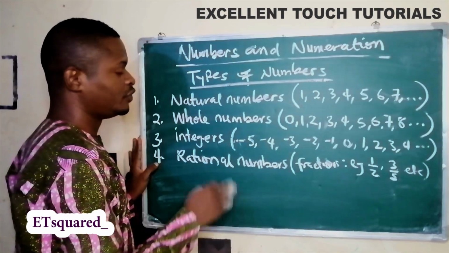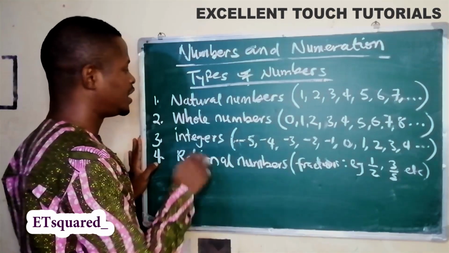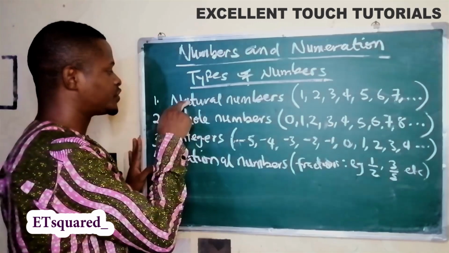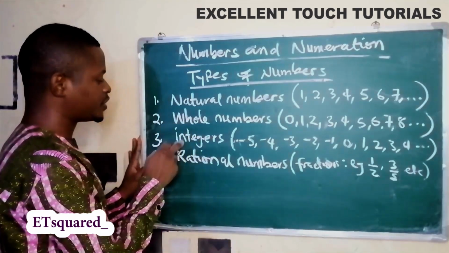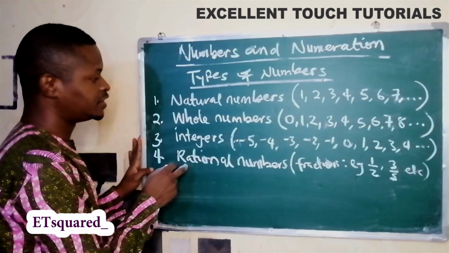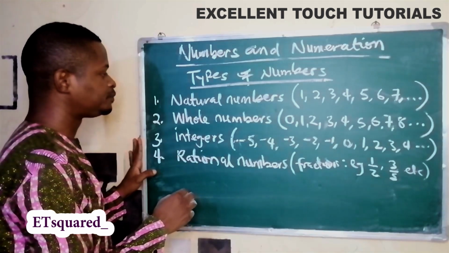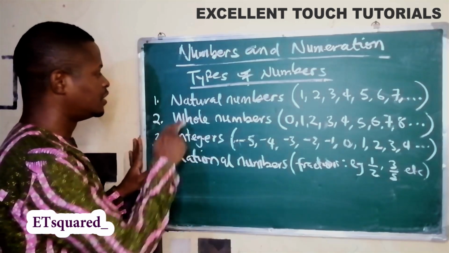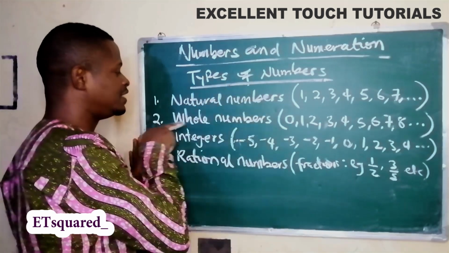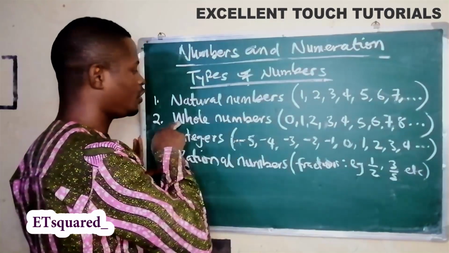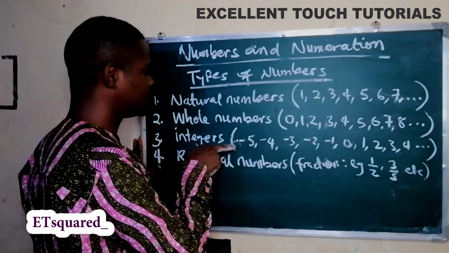If you look at it very well, you realize that this is a subset of this, this is a subset of this, and this is a subset of this. Please take note of that. Subset in the sense that all natural numbers are contained inside whole numbers. All whole numbers are contained inside integers.